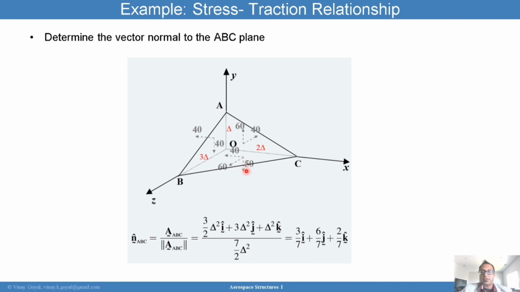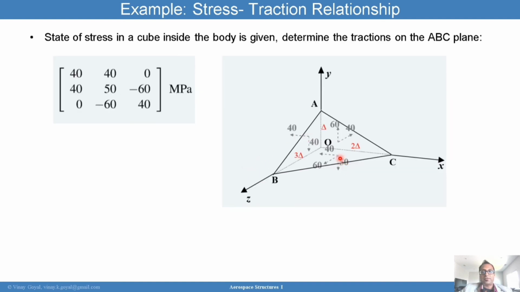So this is 50 on that face, and that corresponds to sigma yy, rightfully so, because we talked about this being sigma yy, so that's on the y face, and it's acting in the opposite direction because we're looking at the opposite face. Then I have 40 also, sigma yx in this case, because it's on the y face, acting in the x direction, but the opposite direction because I'm looking at the opposite face of the y face.